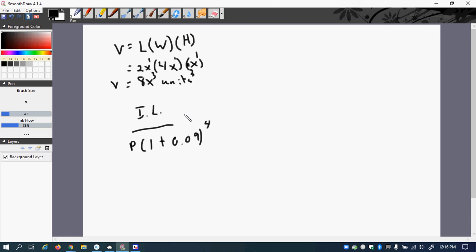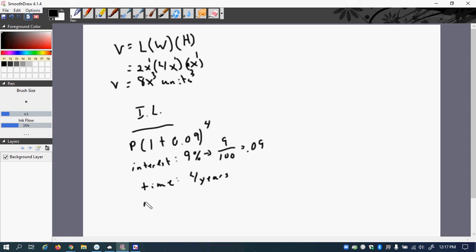They told us the interest was 9%, and that's what's right here, because we always take percent and change it into decimal. 9 divided by 100 is 0.09 as a decimal. Remember, percent is always divided by 100. The 4 right here is time, and in this case it is in years. So this is 4 years.